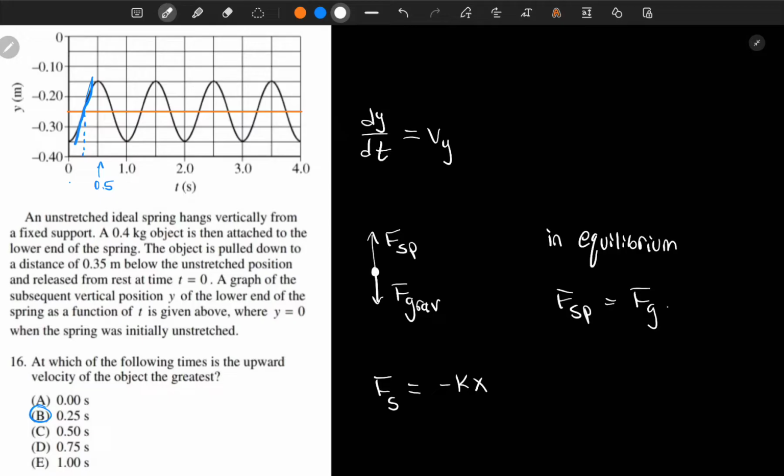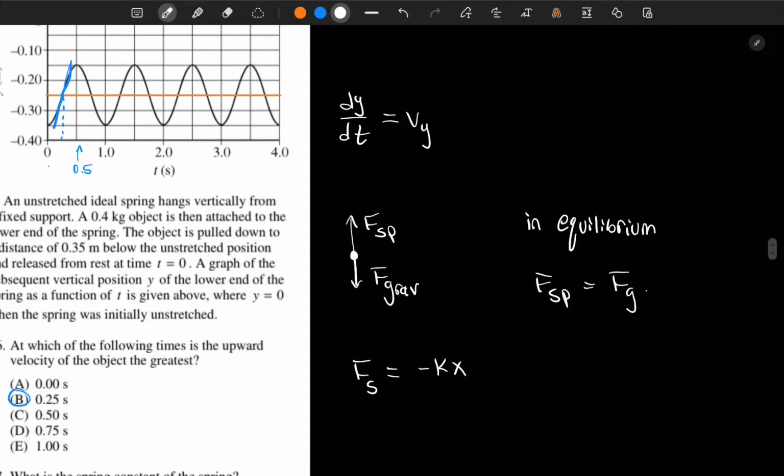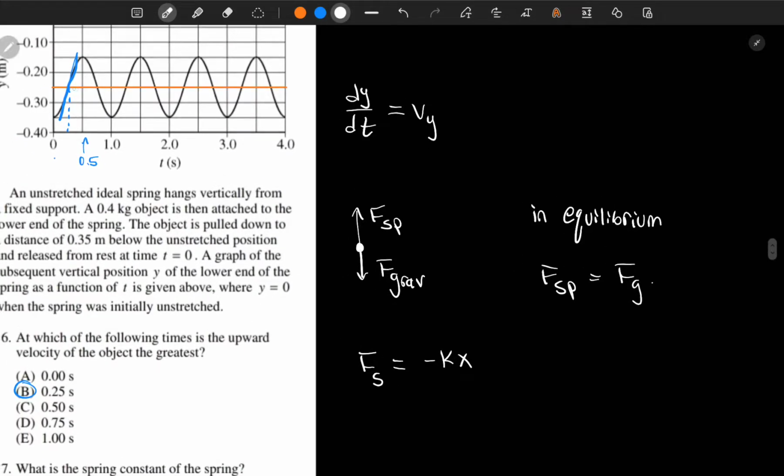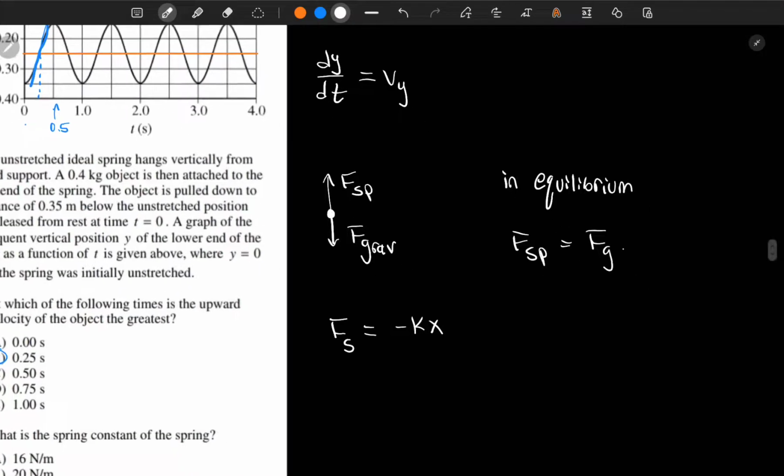That is the stretched equilibrium position. Then, the x position is negative 0.25. So, the spring force is equal to negative k times negative 0.25, which here, the negatives cancel, and since 0.25 is 1/4, we find that the spring force is k over 4.